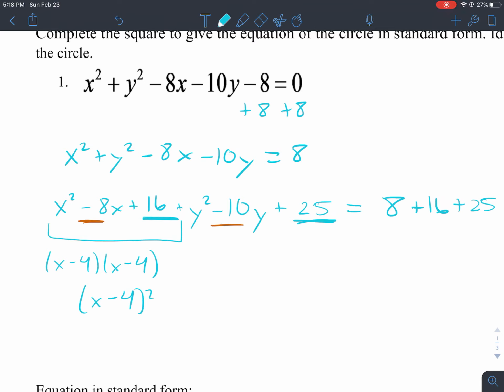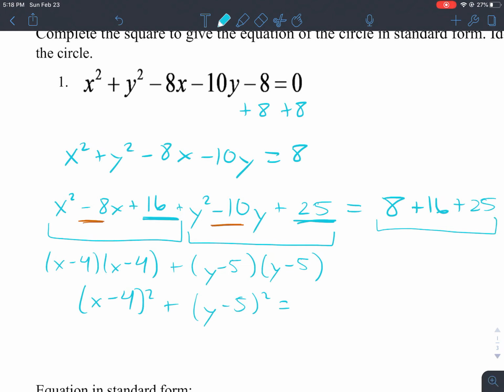Then, if we look at our y terms, if we were to factor this, we would get y minus 5 times y minus 5. We get y minus 5 squared. And now, we can add together all of our terms on this side. When you add all of these together, you should get 49.